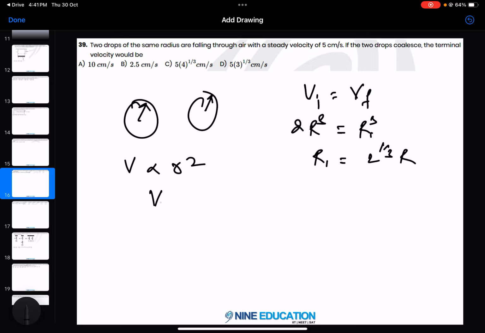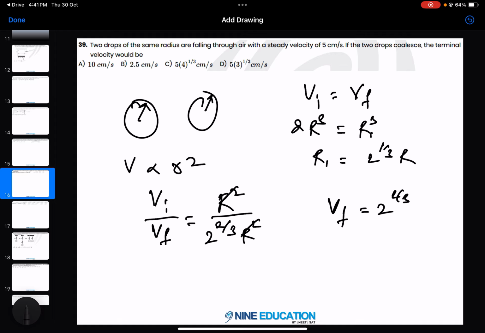So initial terminal velocity by final will be initial radius by final radius whole squared. When you square, it will be 2 power 2 by 3 into r square cancelled. V final will be 2 power 2 by 3 into V initial, which is 5. 2 power 2 by 3 can be written as 4 power 1 by 3 into 5 centimeters, which will be option C.